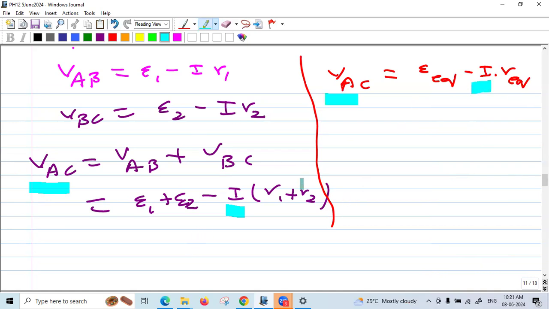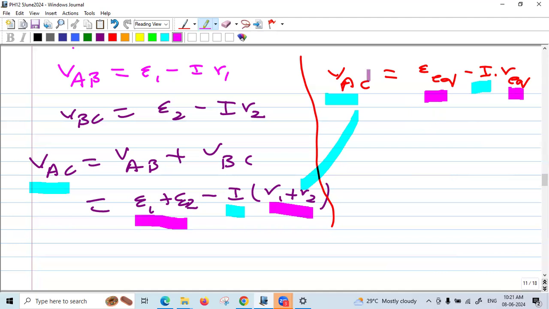So these two should be the same graph. For these two equations to be equal, one way is to say that if E1 plus E2 equals E equivalent, and R1 plus R2 equals R equivalent, then these two represent the same characteristics.